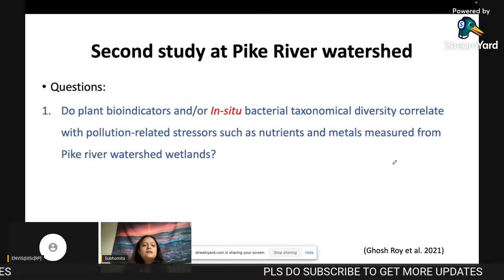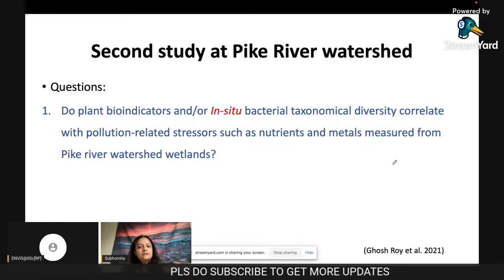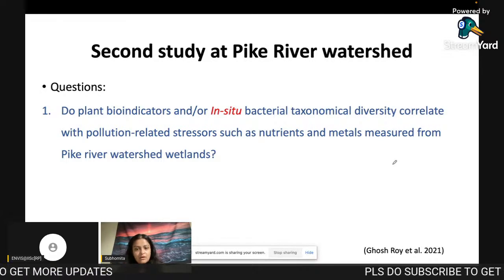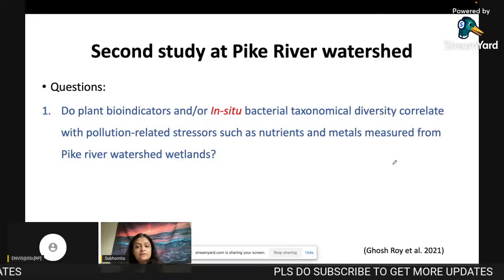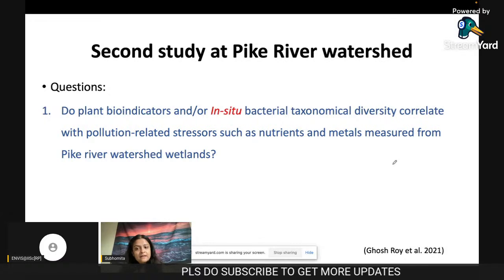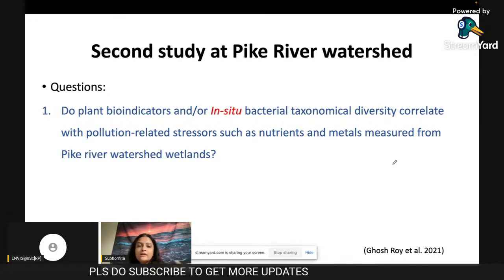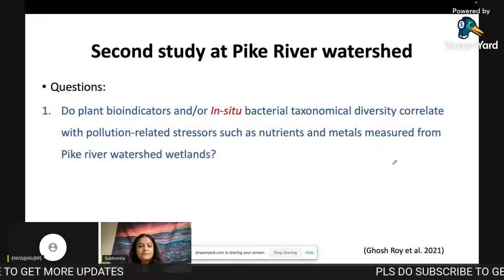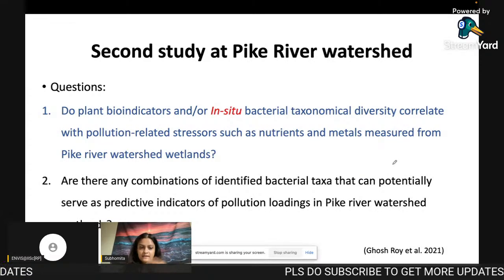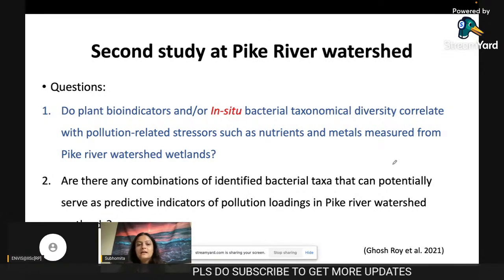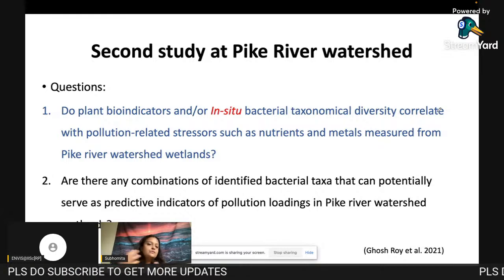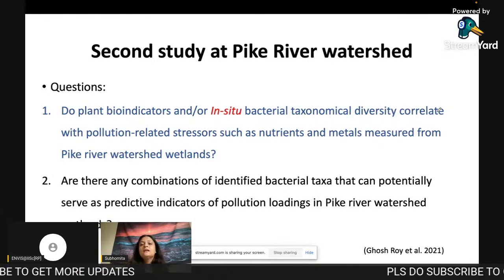So in the second study, the first research question was: do these plant bioindicators and the bacterial taxonomical diversity, or the bacteria that are living in the ecosystem, correlate with pollutant-related stresses like nutrients and metals in this watershed? There is a second question also, which I'll discuss later.